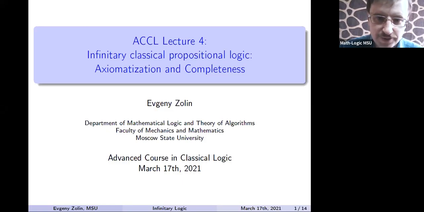So this is the fourth lecture on advanced course in classical logic. Today we continue discussing the infinitary classical propositional logic and consider the main question for any logic. How can we build axioms and prove completeness of these axioms and rules?